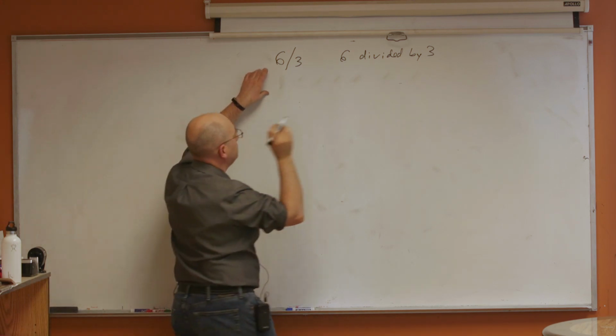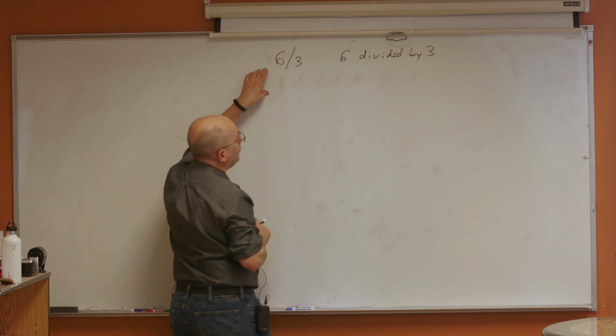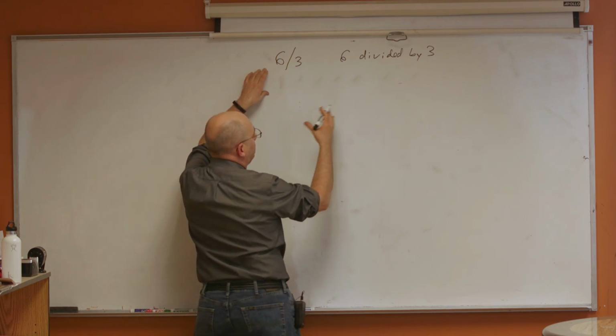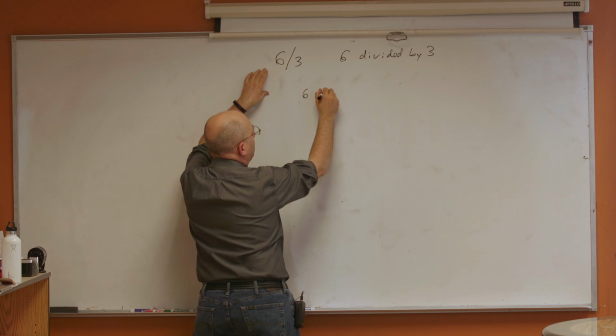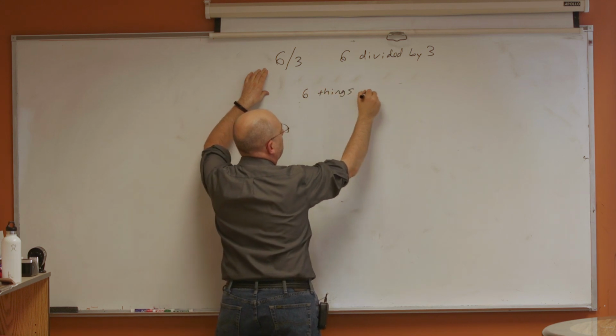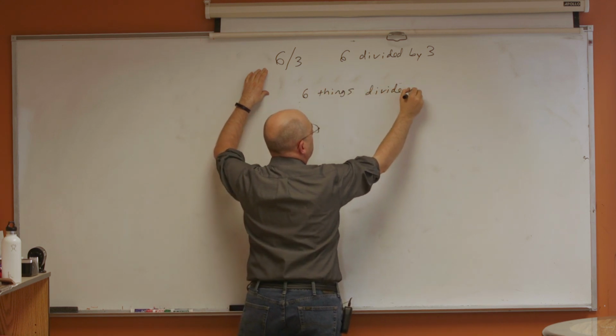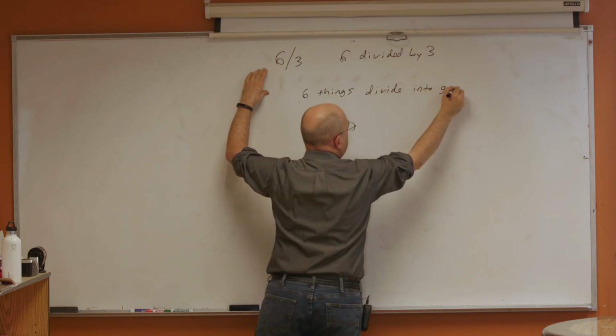So, what this means is we want to have 6 things and divide into groups of 3.